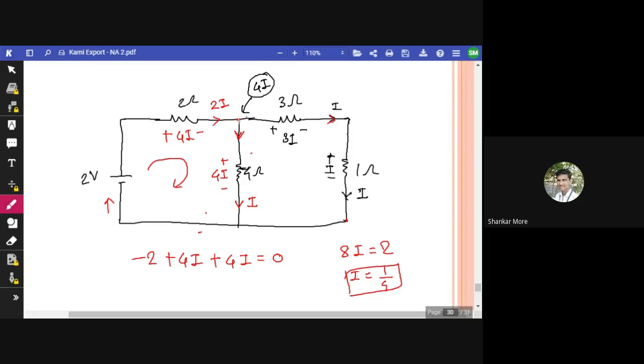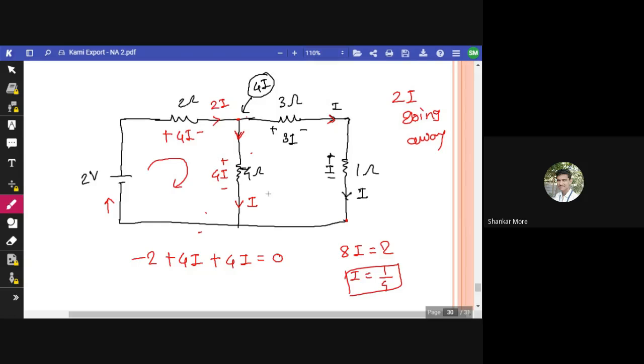So from this node, this I and this I, 2I current is going away, right? So what should be the incoming current? Incoming current should be 2I only. If 2I is going away from that node, 2I current should be coming there. So that is why 2I is there. I hope you are asking about this 2I only, right? Okay, fine. Thank you. Now we have found out I is equal to 1/4.